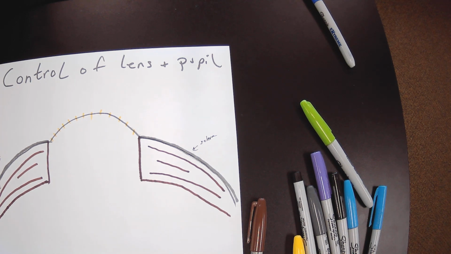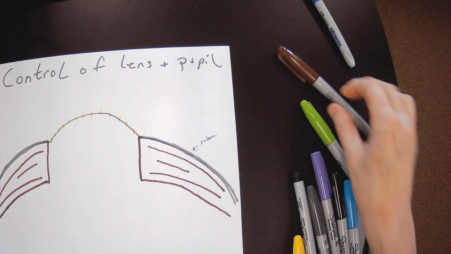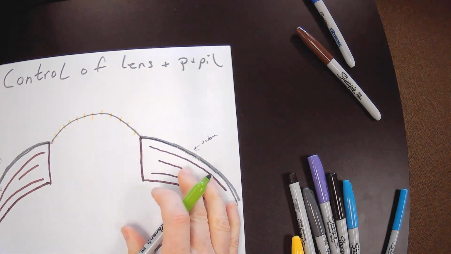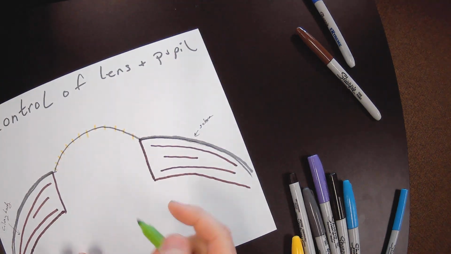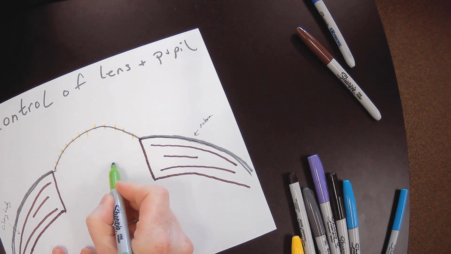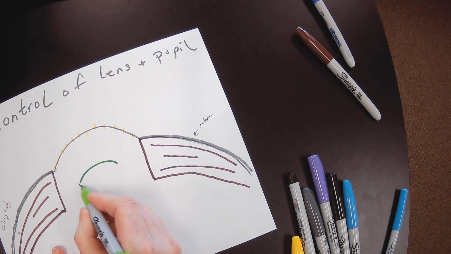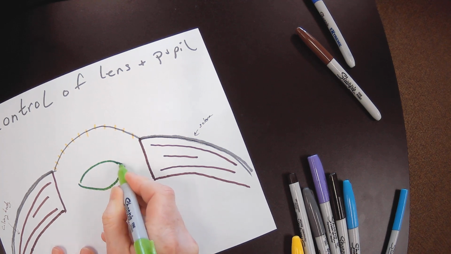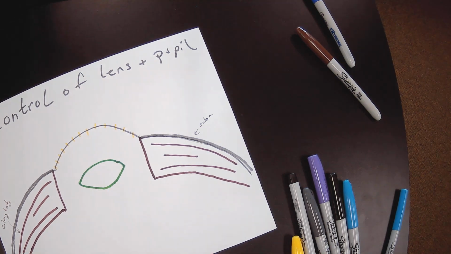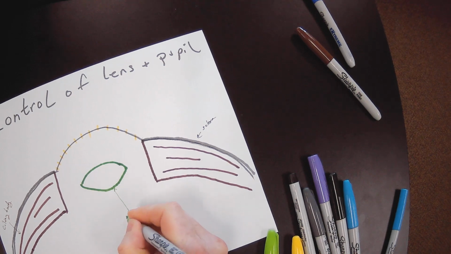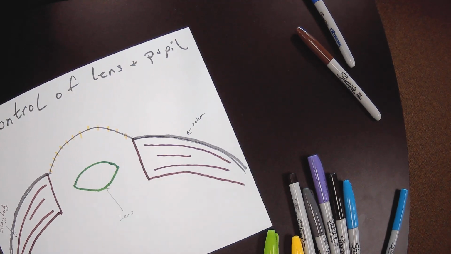The color that it is, green. And then behind the cornea, we saw that there was a lens to the eye. Here's your lens. It's the lens of the eye.